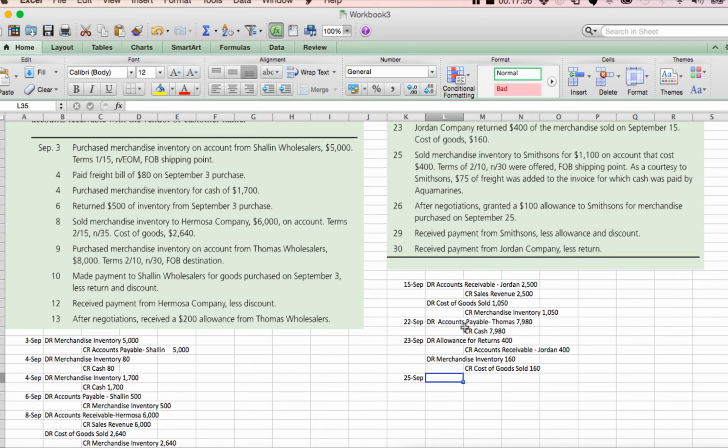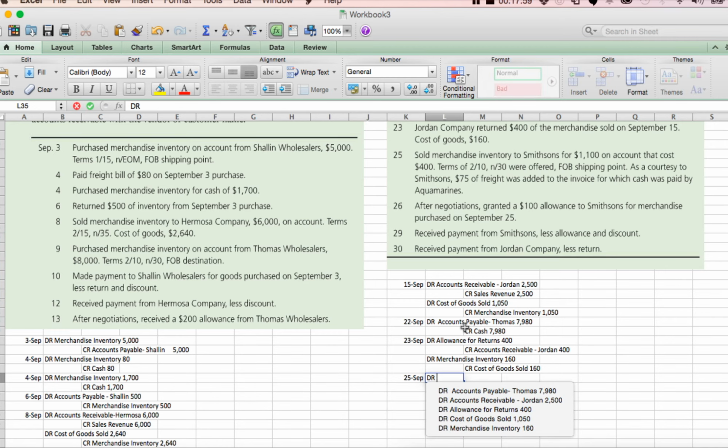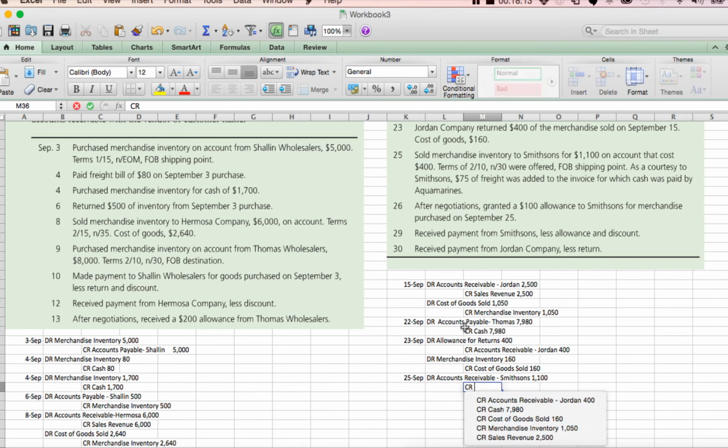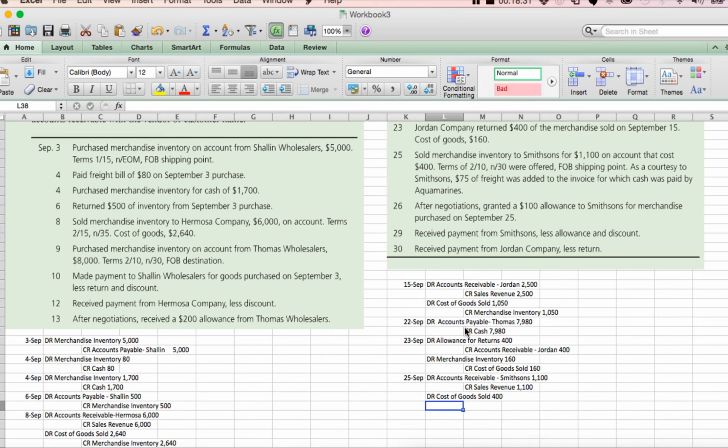So we have a debit to accounts receivable Smith Sons $1,100. Credit to sales revenue $1,100. Then we have a debit to cost of goods sold for $400, and a credit to merchandise inventory for $400.